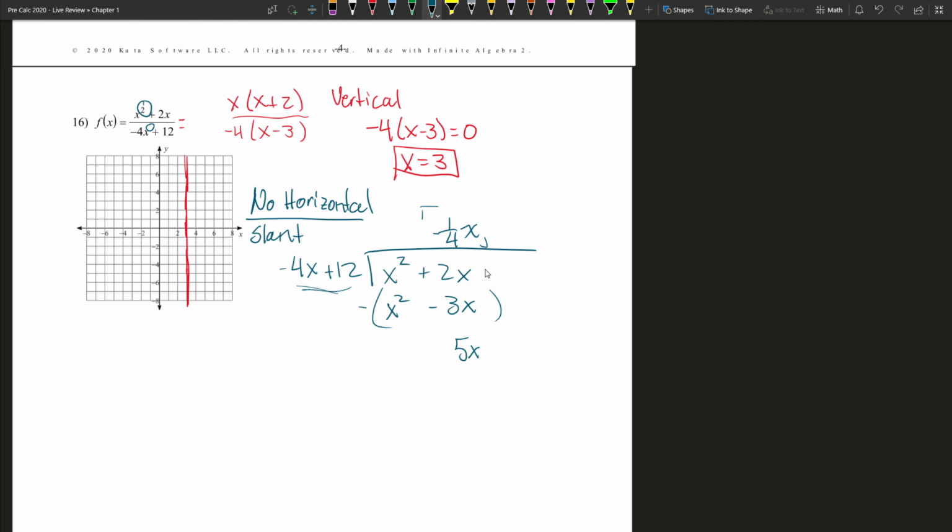Then negative 4x goes into 5x about 5/4 times, I guess.